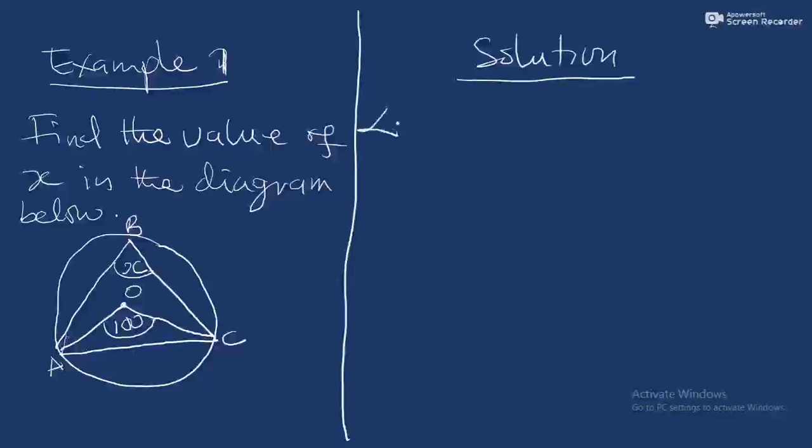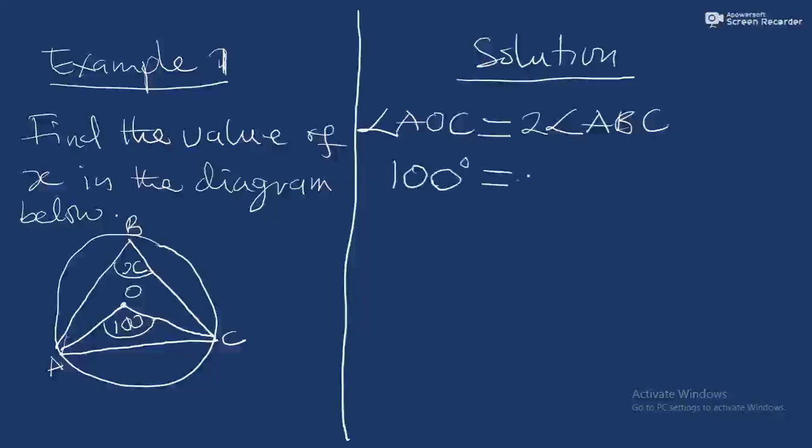angle AOC is equal to what? 2 times angle ABC. So angle AOC is 2 times angle ABC. So we have to solve for what? Angle ABC, which is the X. So substituting, it means that we are going to have 100 degrees is equal to 2x.